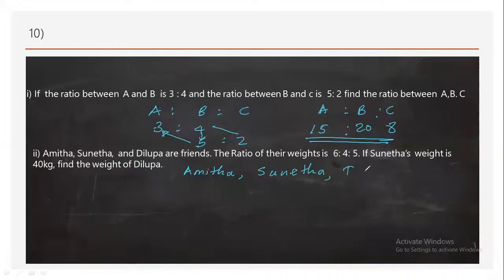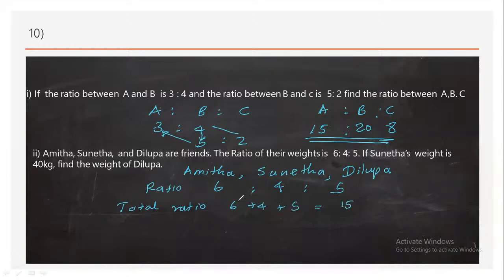Write the ratios here. 6 to 4 to 5. This is the ratio. Total ratio is 6 plus 4 plus 5. 6 and 4, 10, and 5, 15.